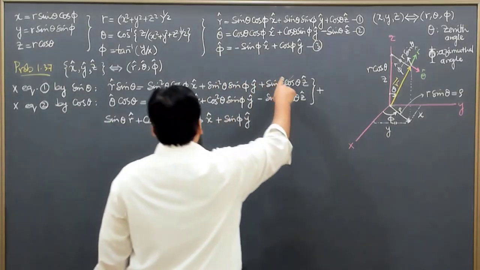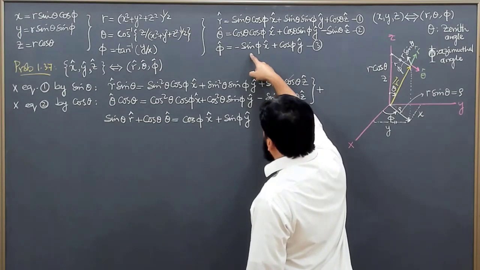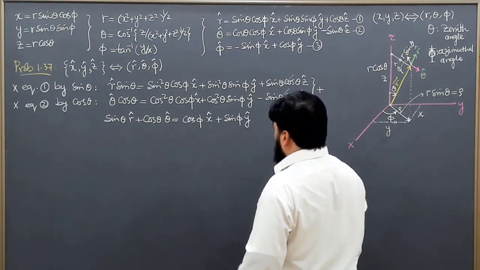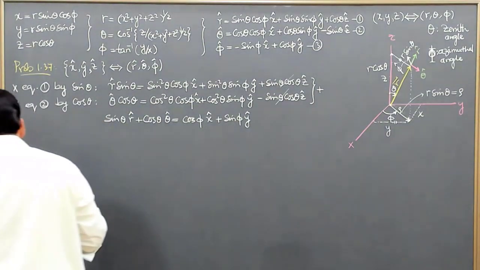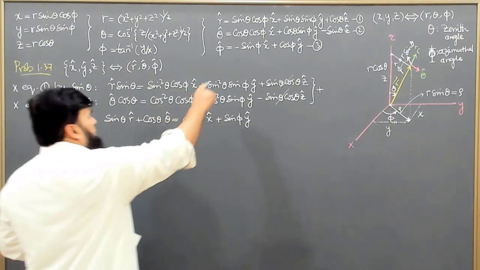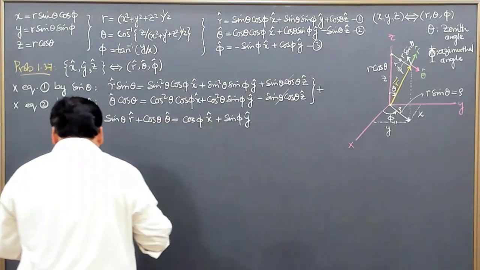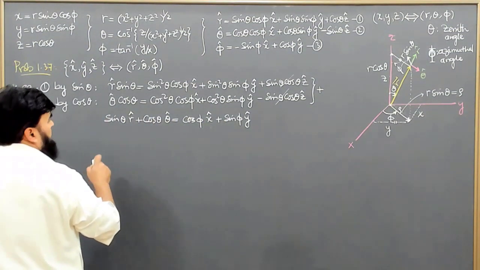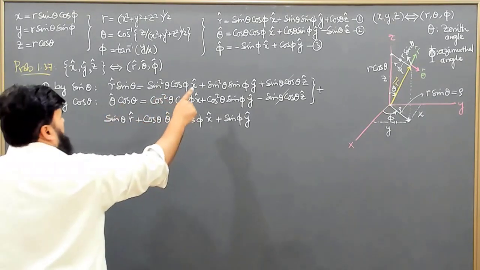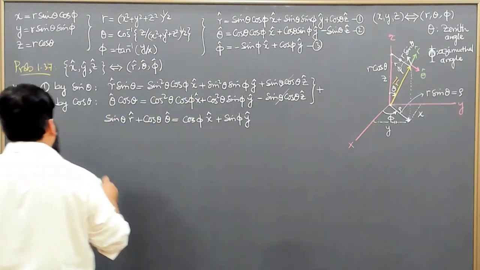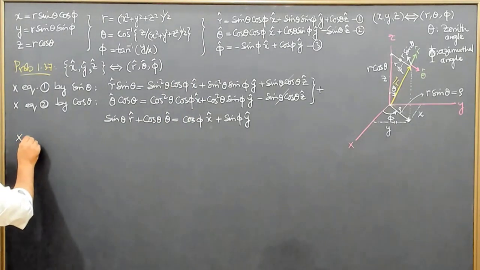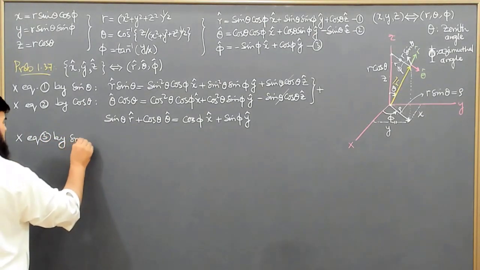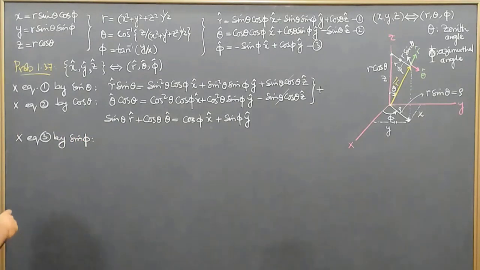And now if I look at equation 3, here I have minus sine phi in x and plus cos phi in y. Since I need x here, I will multiply equation 3 by sine phi and add it with this one.